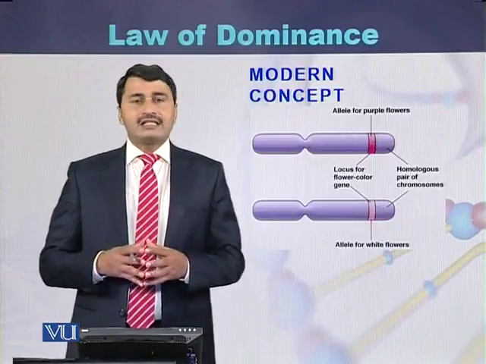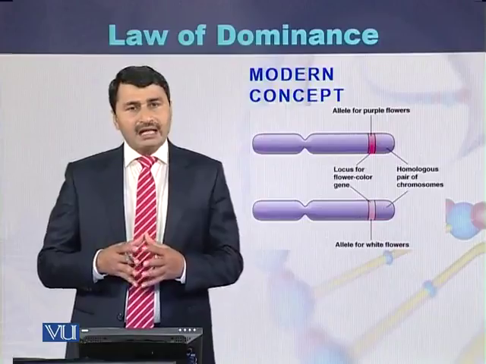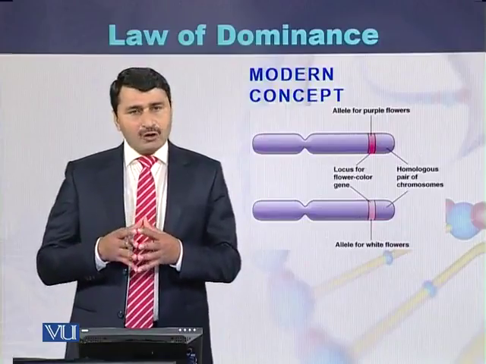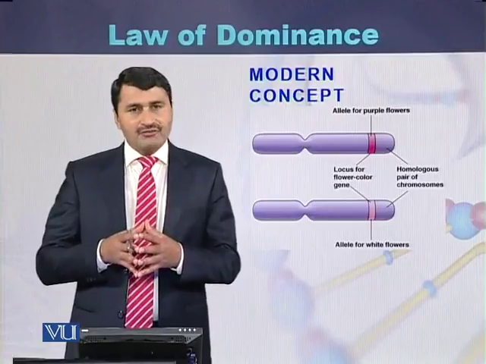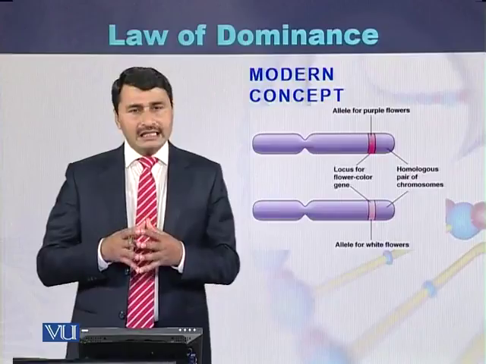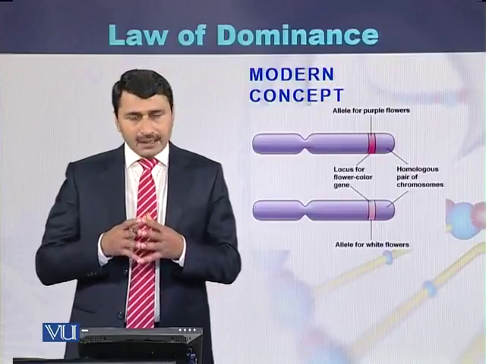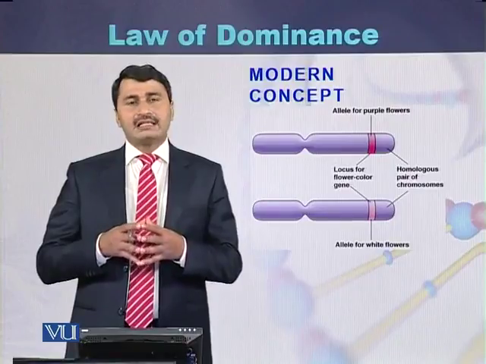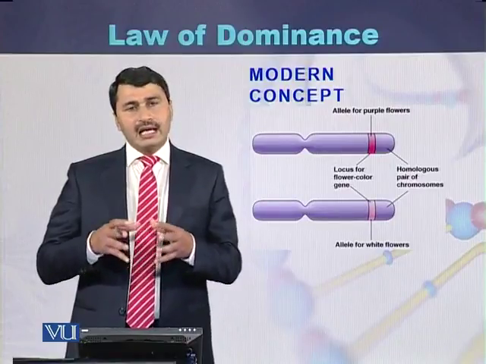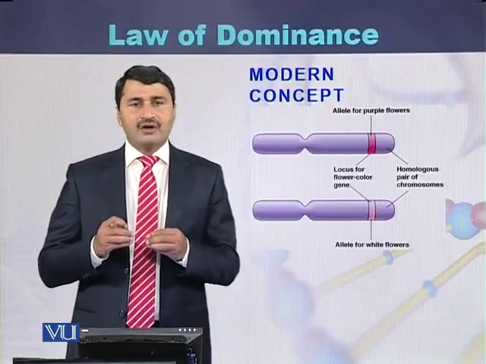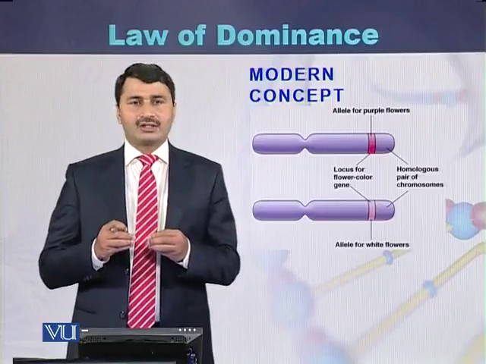Here we can see in the diagram that this is a pair of chromosomes. One chromosome of the pair is inherited from the father, and that chromosome has an allele for the purple color, and the second chromosome, inherited from the mother, also has an allele for white color flowers.